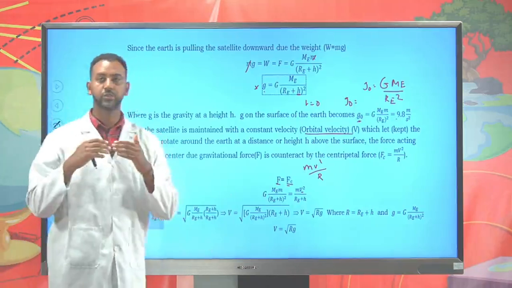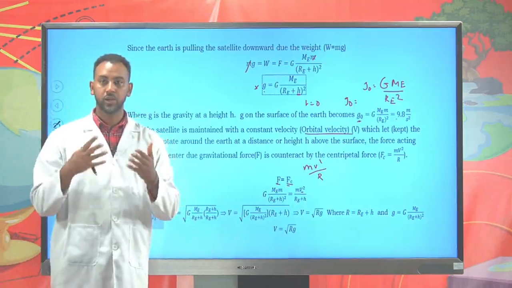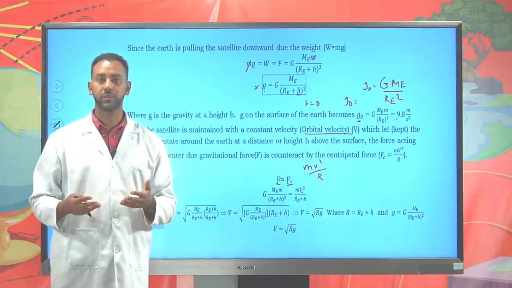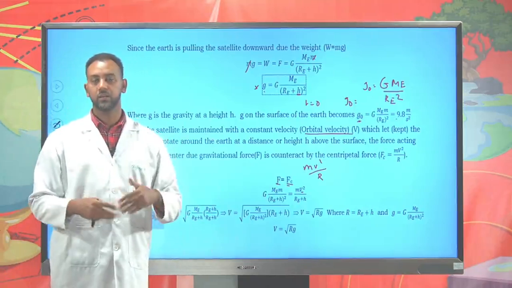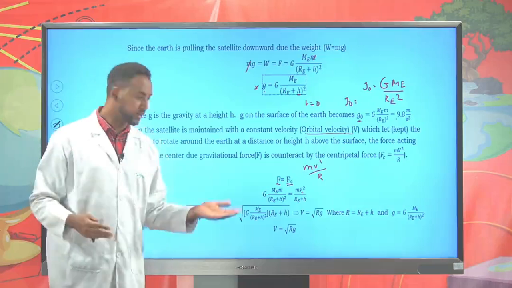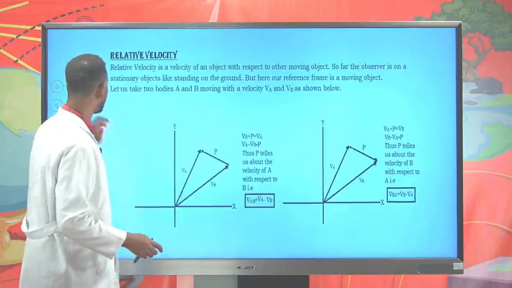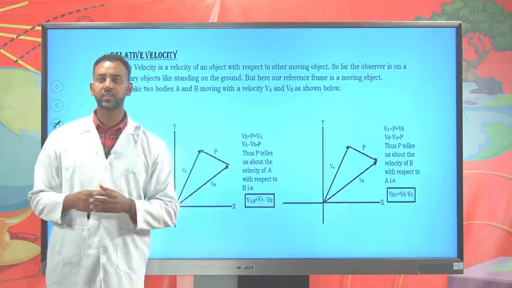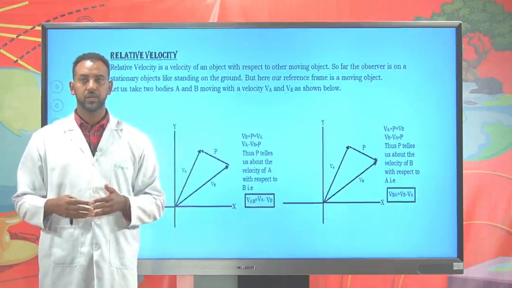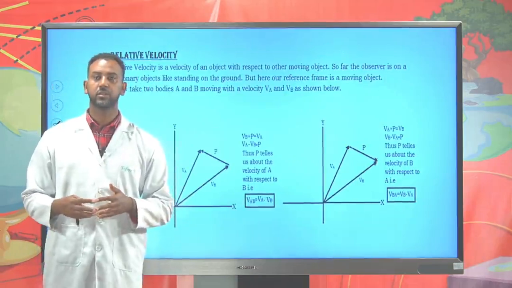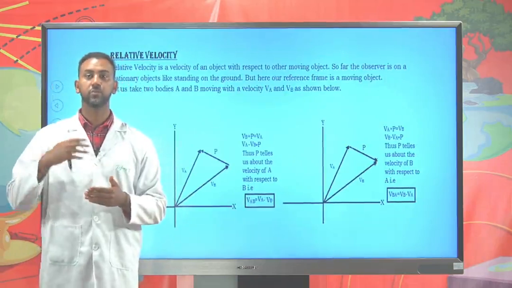So far we have looked at circular motion. Circular motion has different applications, like the conical pendulum. We have also seen the vertical circle, and the motion of a satellite. And at last, let's look at relative velocity. Relative velocity is the expression of velocity with respect to a moving object.